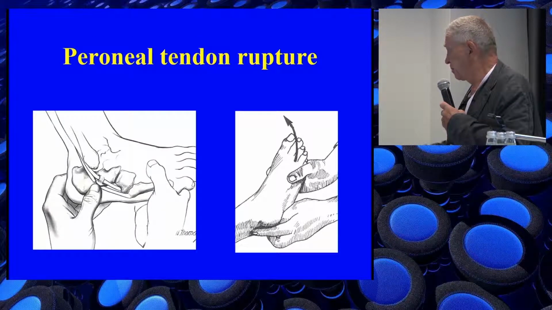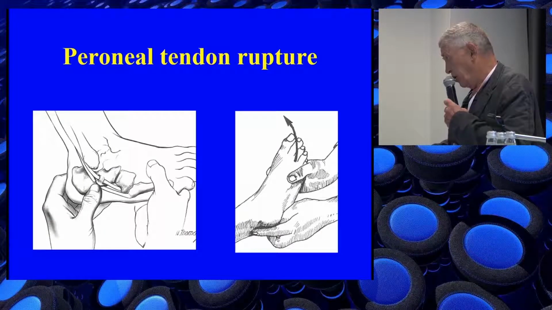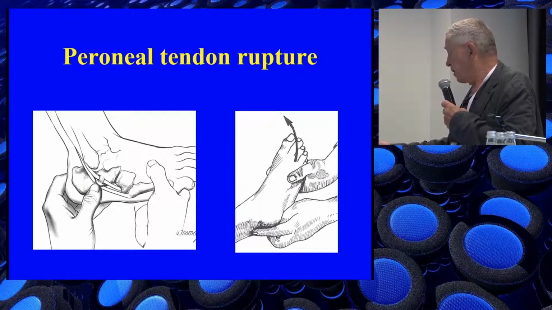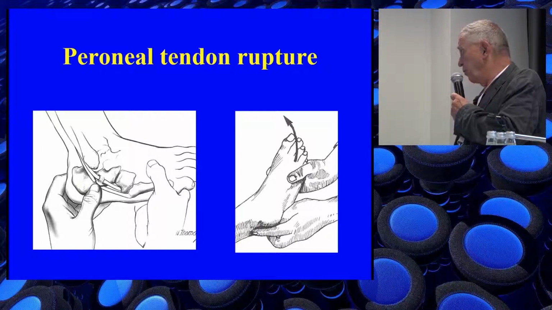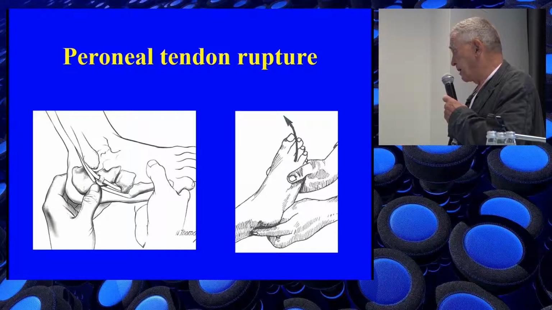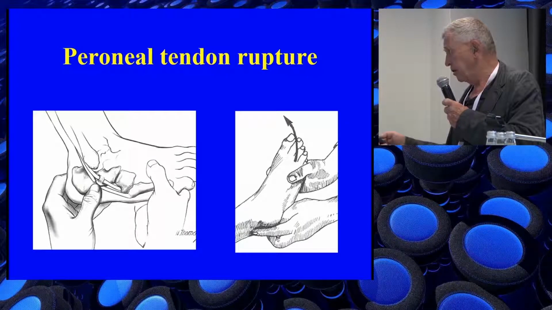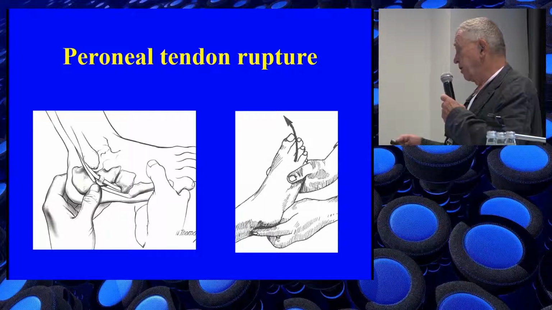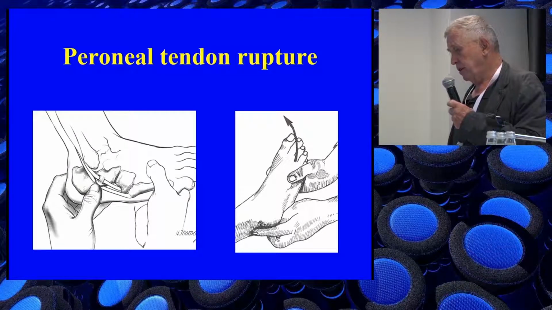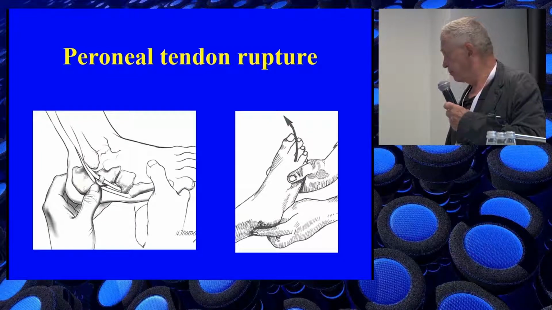So you see here, this is where you have the most obvious tenderness, and especially if you move the foot with an internal rotation and flexion. The patient is told to keep the foot still, but you move it with an inner rotation and a flexion, and if the patient has more pain, it's suggestive of a tendon rupture.